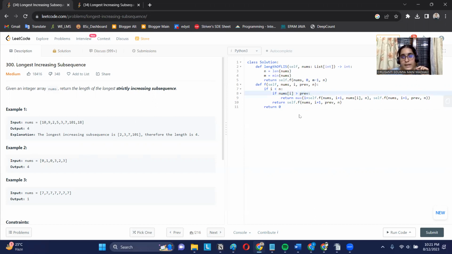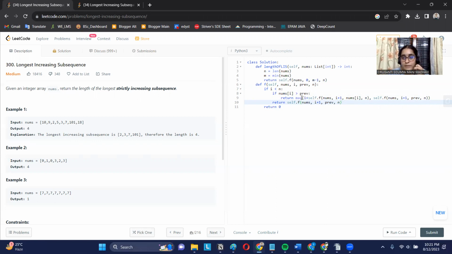If it is, then we have two possibilities. Either we include that element in the subsequence or we do not. So there is no guarantee that including nums of i will give us a solution. So that's why we need to consider both the possibilities and then just take the possibility that gives us the maximum length. So in case this condition fails, then we only have one possibility, that we do not include this element at all. So that's simple.